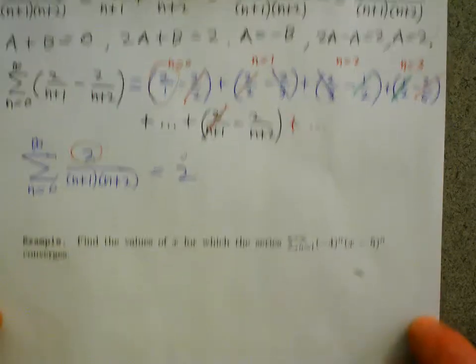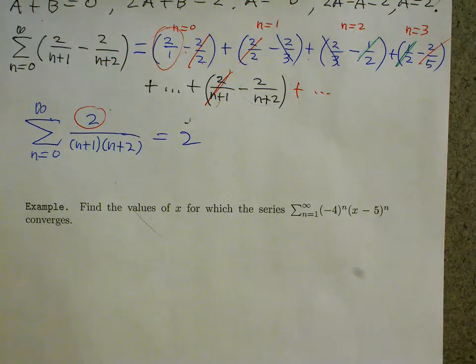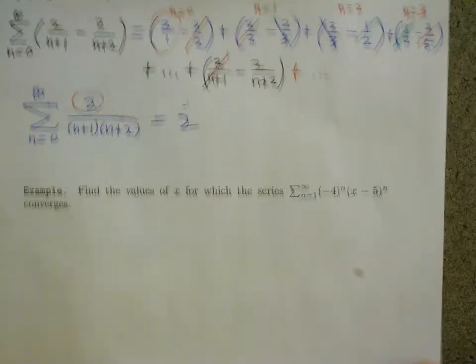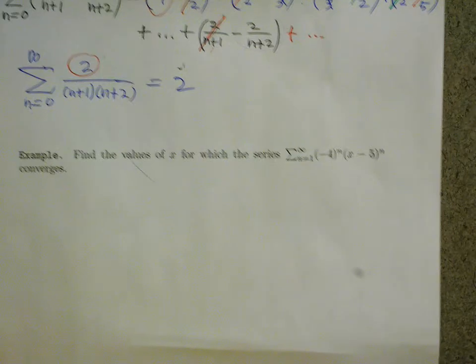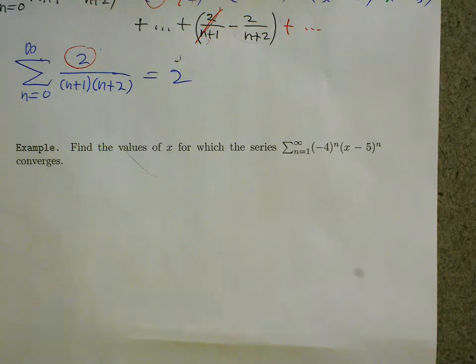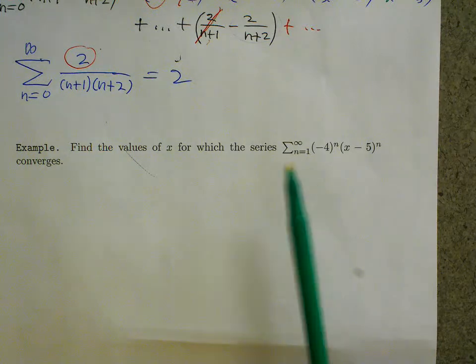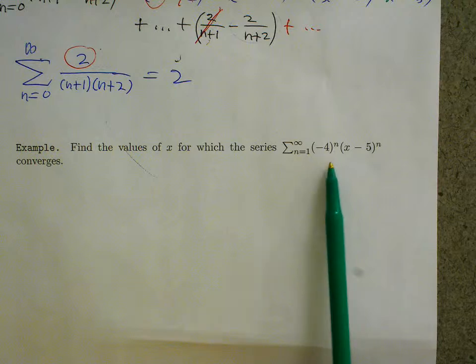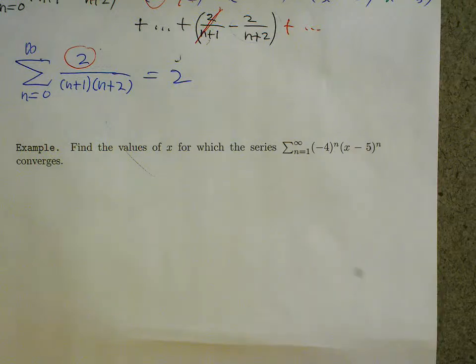Okay, the next example: find the values of x for which the series of (-4)^n times (x minus 5)^n converges. So what comes to mind when you see the terms? A geometric series?